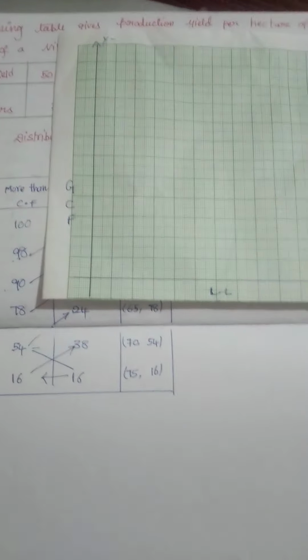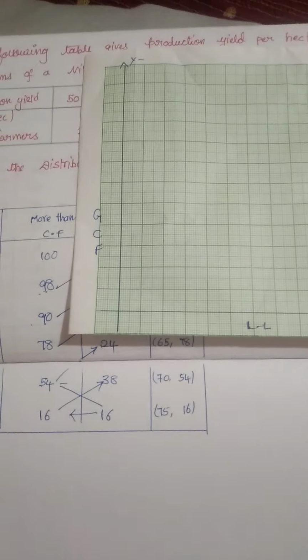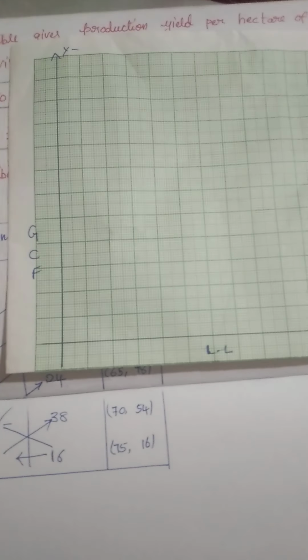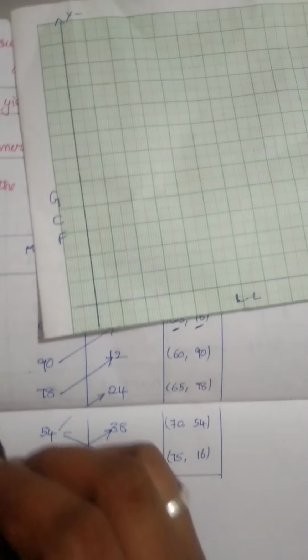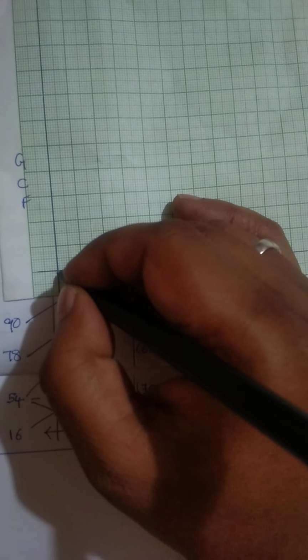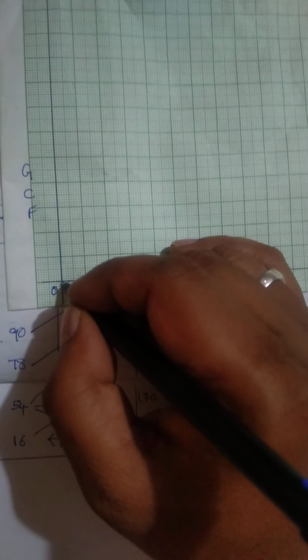As the difference between two successive class intervals is 5, on the x-axis we will take 1 centimeter equal to 5 units. Okay children, on the x-axis we will take 1 centimeter equal to 5 units, starting from 50. So this is the x-axis; the intersection of the x-axis and y-axis we call the origin.